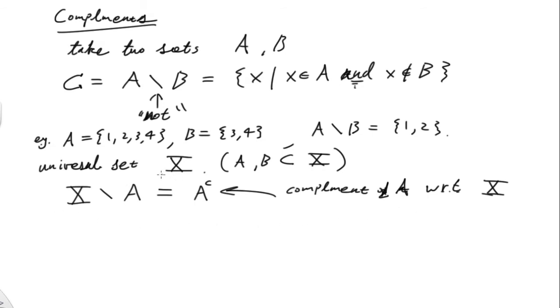So again, if this is the largest allowable set of objects I'm willing to consider, the complement of any set will be everything that's in X but not in A.